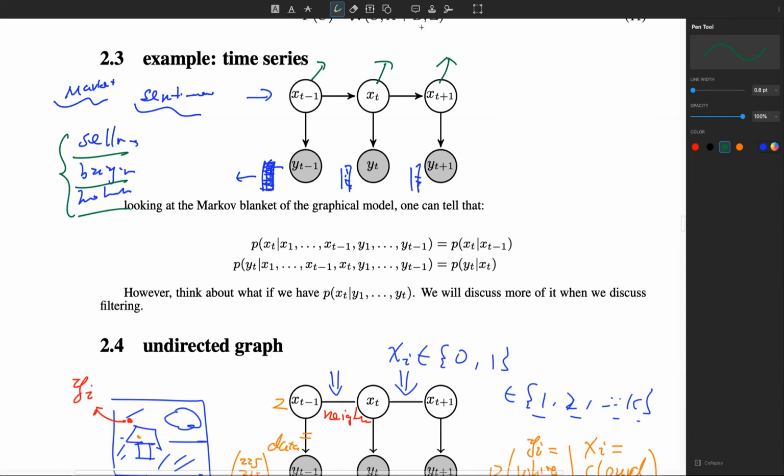So by looking at this probabilistic graphical model, would you be able to work out the Markov blanket? If I wanted the probability of this node, conditioning on the rest of the nodes like this, what's its Markov blanket?